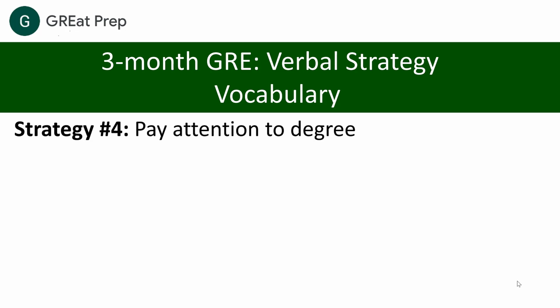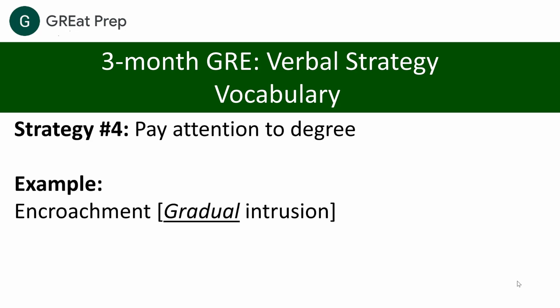The last strategy, as you're preparing for the GRE vocabulary, is to pay attention to the degree. What I mean by degree is evident if I use an example. A GRE word is encroachment. Now, if you know what encroachment is and have a vague idea, you would know that encroachment is the same as intrusion.